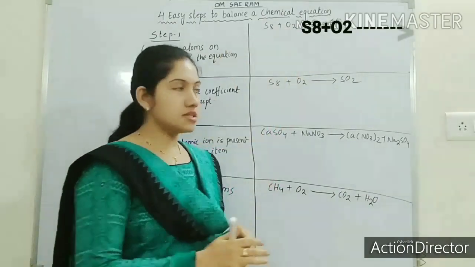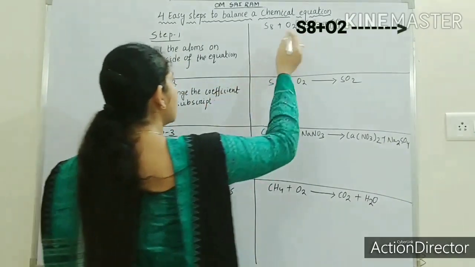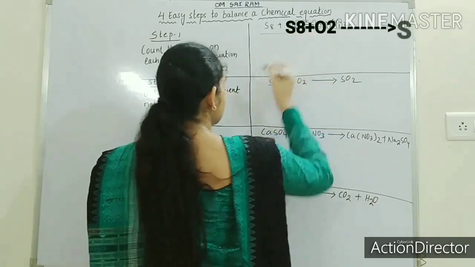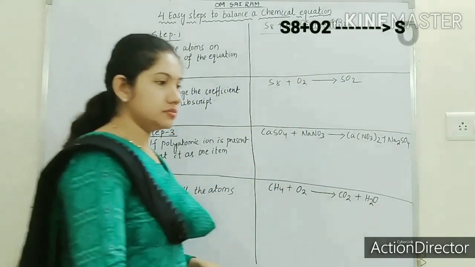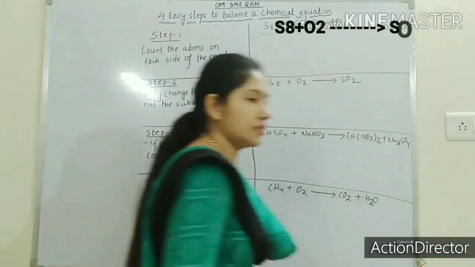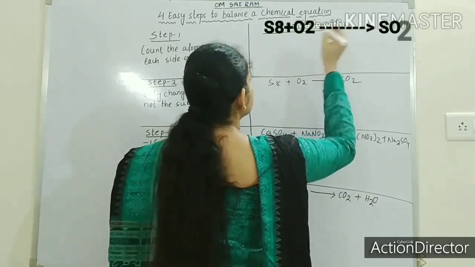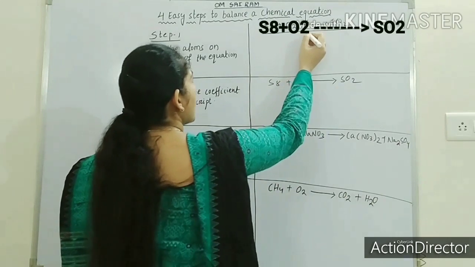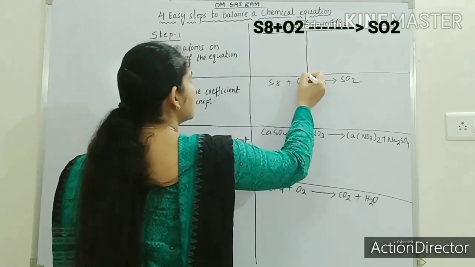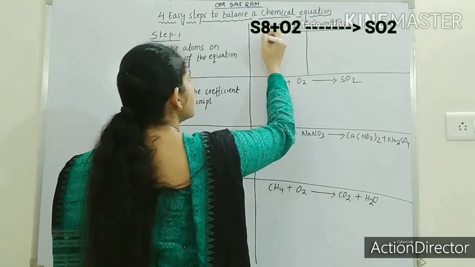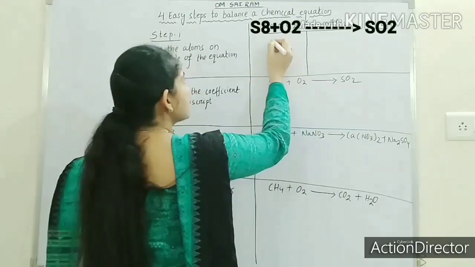So let us first write the atoms. Here I have written one example of sulfur and oxygen. Okay, so let us write the number of atoms on both the sides. Here which elements can we get?